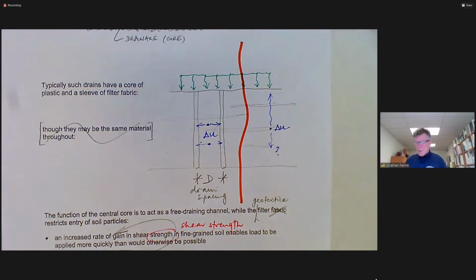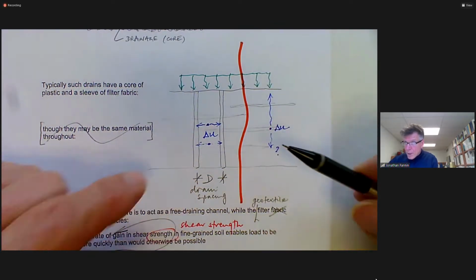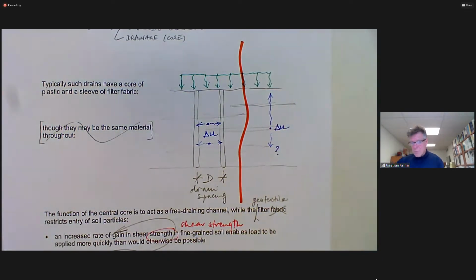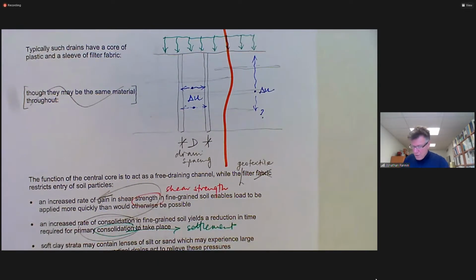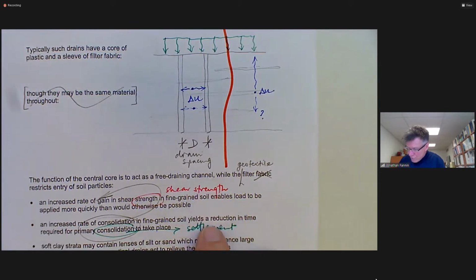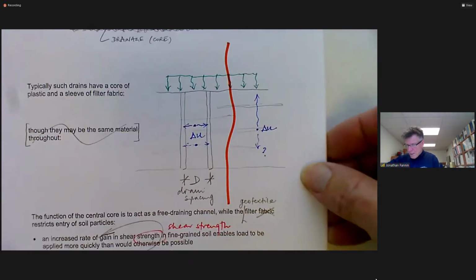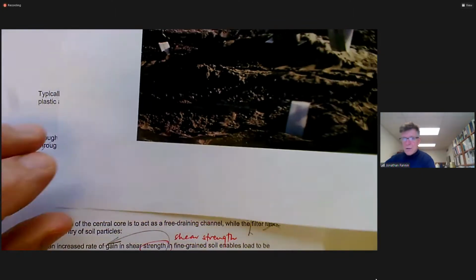And in essence, we're going to try and correlate the spacing of the drains to the time to achieve a certain percentage of consolidation settlement. And over the course of that settlement, gain the increase in shear strength. That's our system, okay?